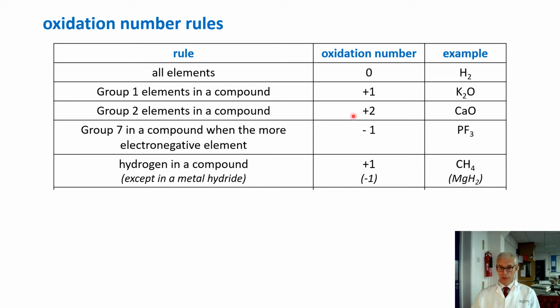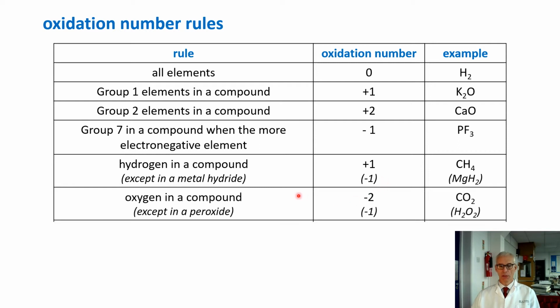Group 2 is always +2, so hydrogen, if it's in combination, for instance, with magnesium, magnesium is always +2, hydrogen in a metal hydride is -1. So there's an exception to hydrogen always being +1 in its compounds. In a metal hydride, they are -1.